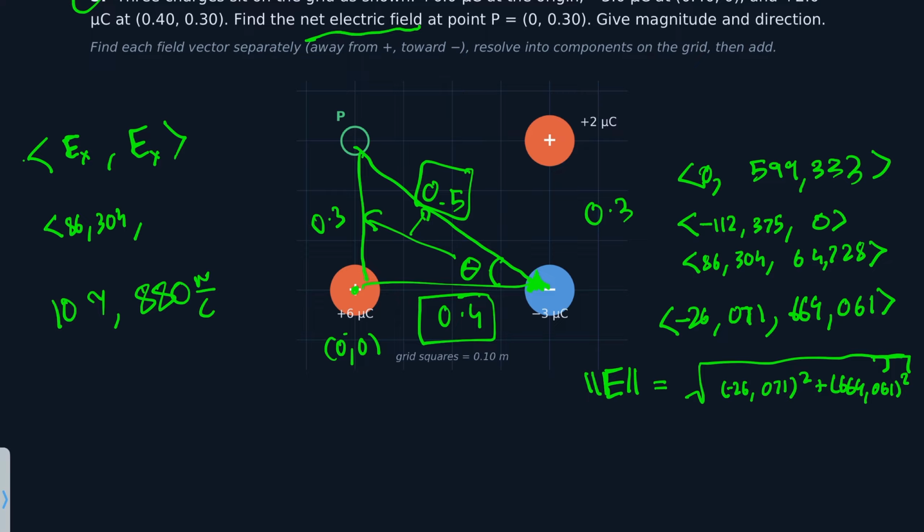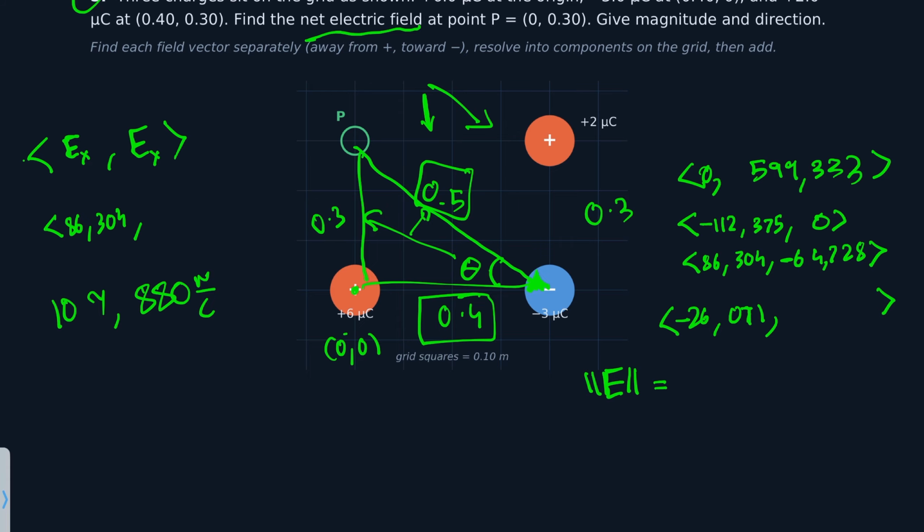I almost went wrong here. I managed to catch myself right before the brink. This is going to be a negative, because even though it's pulling to the positive, it's pulling you downward in the y. So, my mistake, and it just goes to show you always want to be careful when you're doing these. So 599,333 minus 64,728 is actually 534,605.